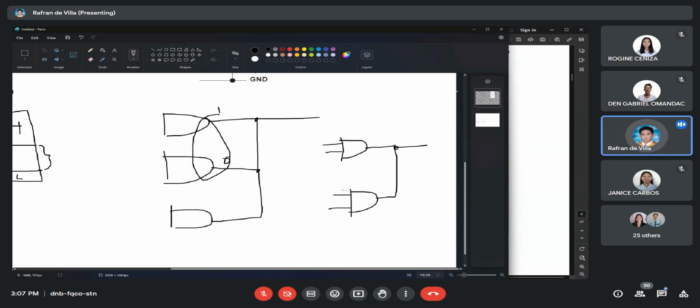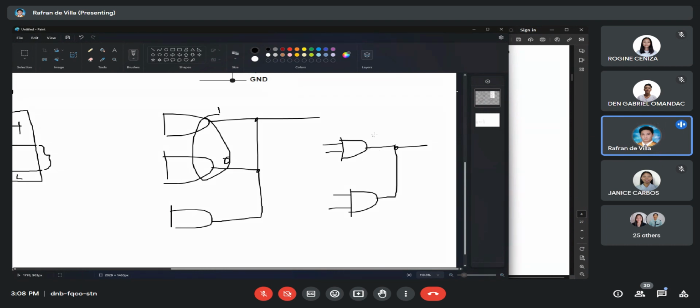So, pwede na sila makakonect together. For what purpose mo na sila i-connect together ang iyahang pin? So, let's say for example, you want to create a 4-input AND gate. You can create a 4-input AND gate by performing this connection. Nganong ingani man nga connection, dili na siya mag-short.